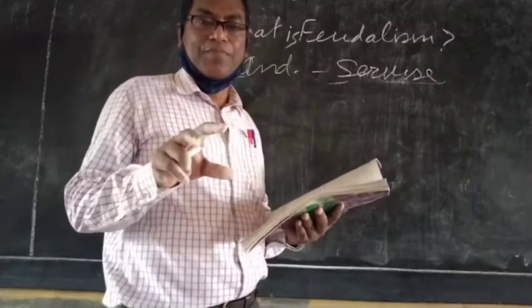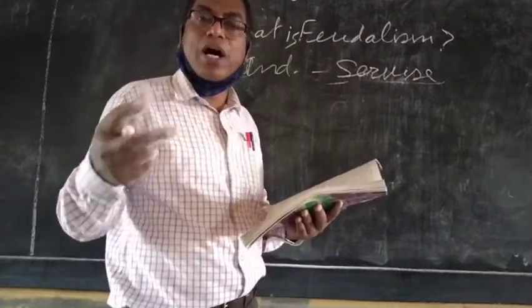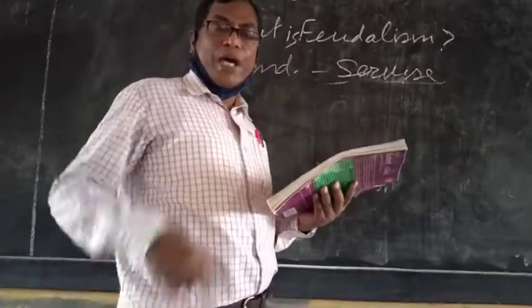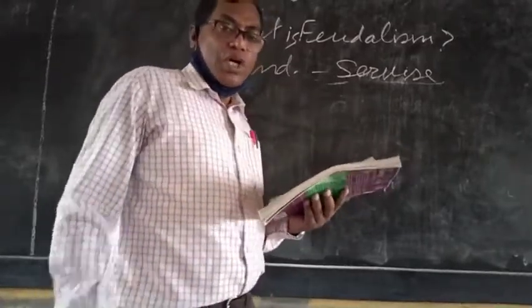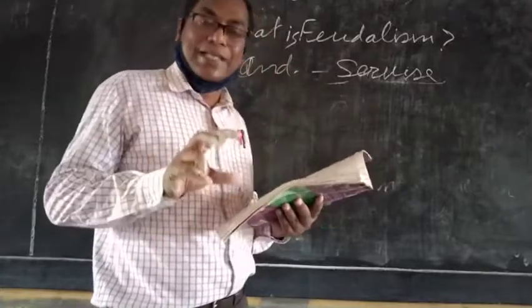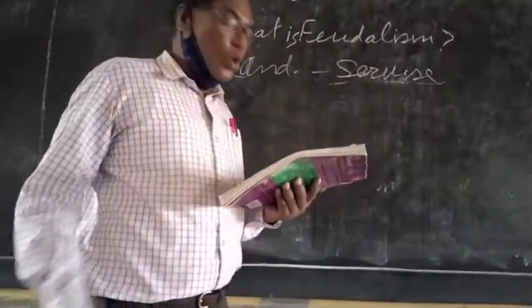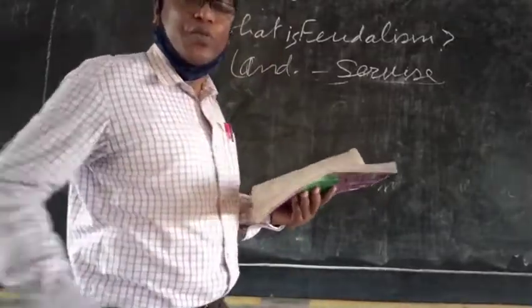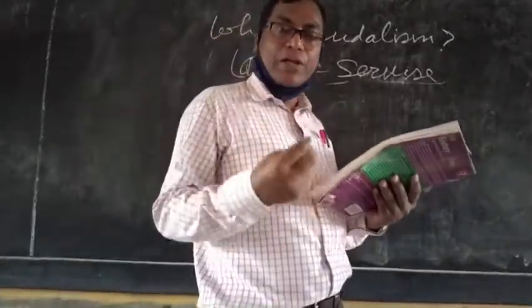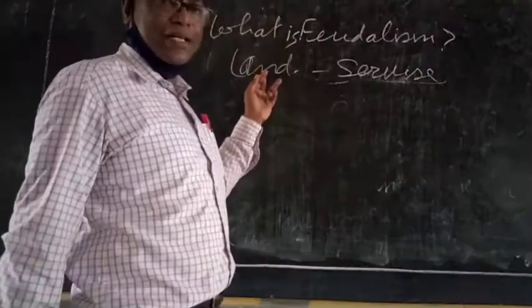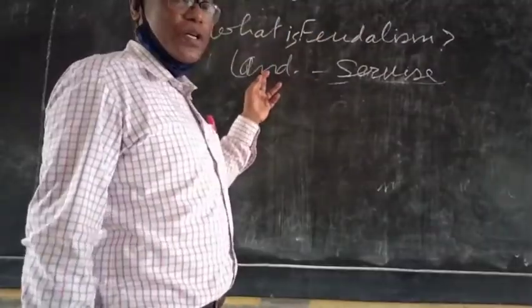System means a way of handling things, a way of conducting, a way of administrating. It's a way, it's a rule, it's a type. So the way to give salary here is land. Land grant. That is called feudalism.